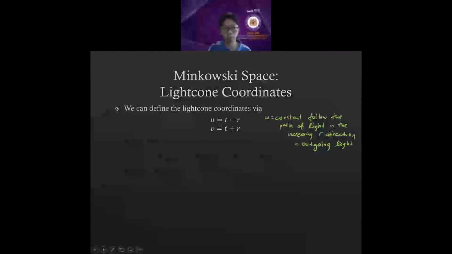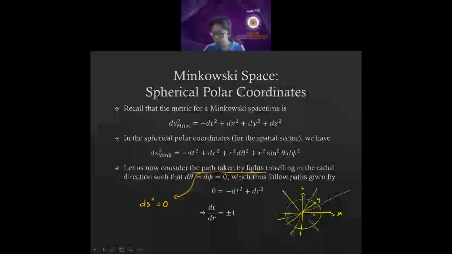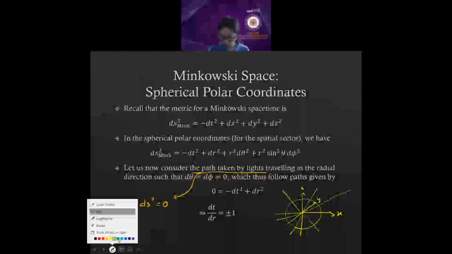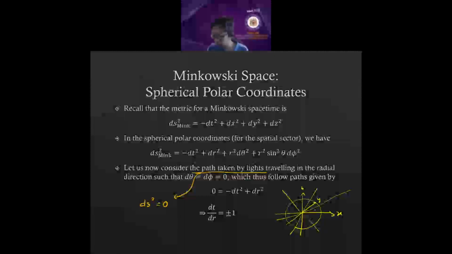Outgoing light. Okay. Because if you imagine, if you go back to this one, that path of light is going to move in the increasing r direction, which means that it's going to move in this direction, going away from the origin.